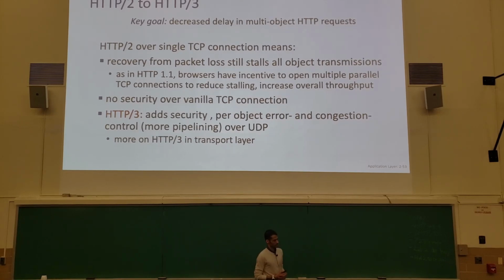At a 10,000 feet level, it's a little bit like what you'll see in your second programming project, which is to build a reliable transport protocol over UDP, which is an unreliable datagram transport protocol, right? We haven't yet seen the transport level section, so it will be harder to appreciate really what QUIC is and why it's desirable, and it would be a distraction to go too deep into that right now.